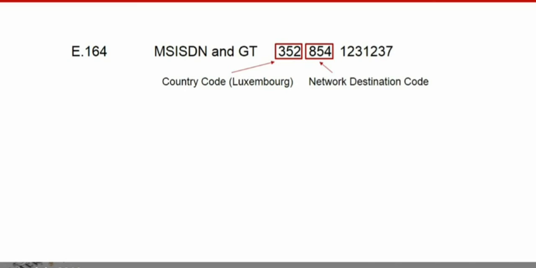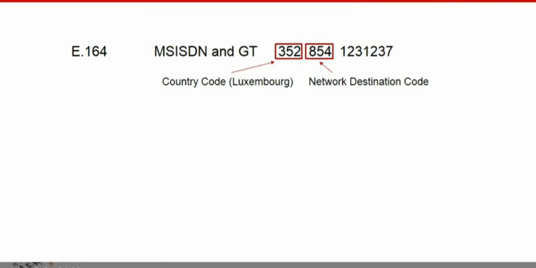And now, to explain the bypass mechanism, I would like to explain in detail the numbering plans that are used in mobile telephony. The first couple of identifiers, MSISDN and global title.